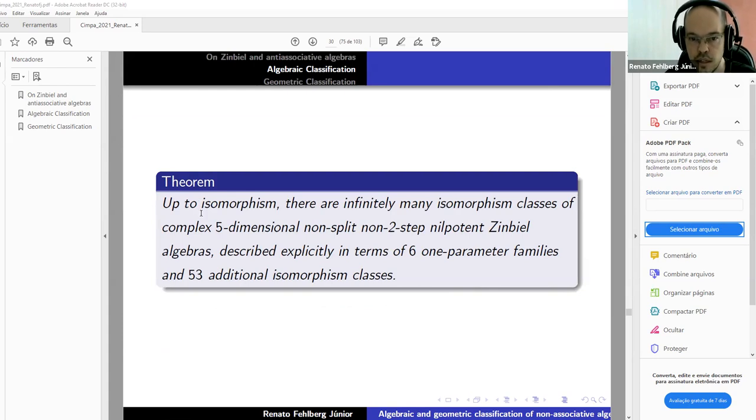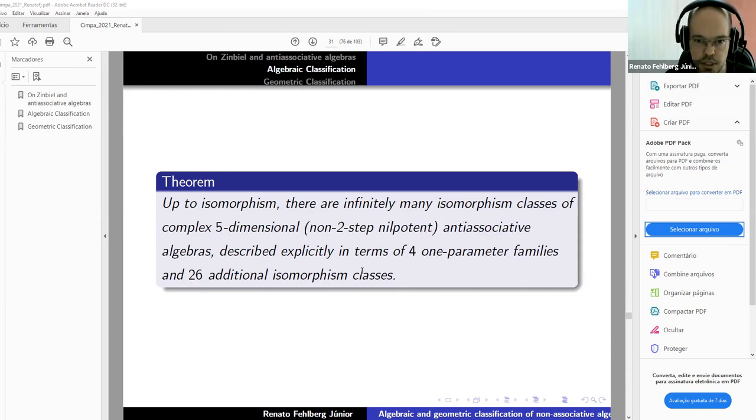In this case, the 5-dimensional split non-two-step nilpotent Zinbiel algebras can be described by 6 one-parameter families and 53 additional isomorphism classes of algebras. The list is so huge that I do not include it here.